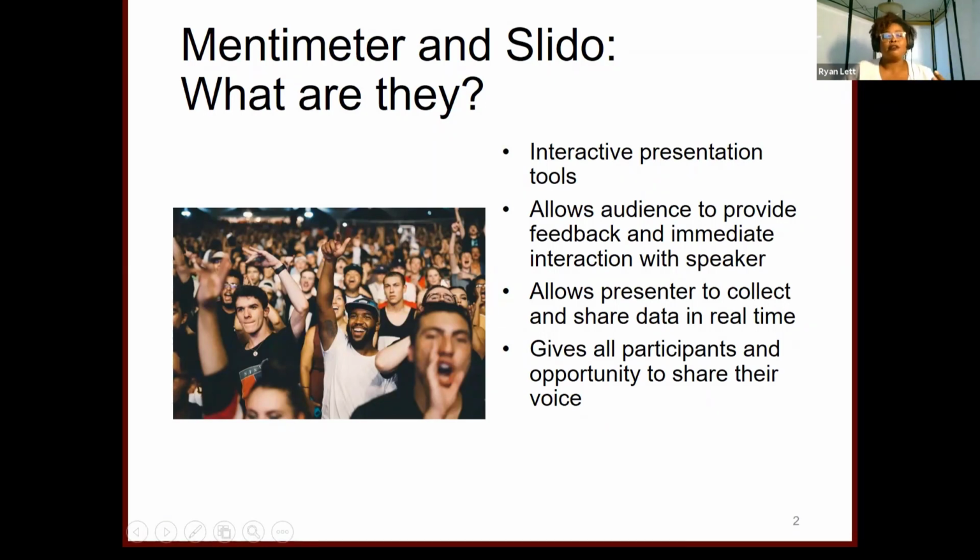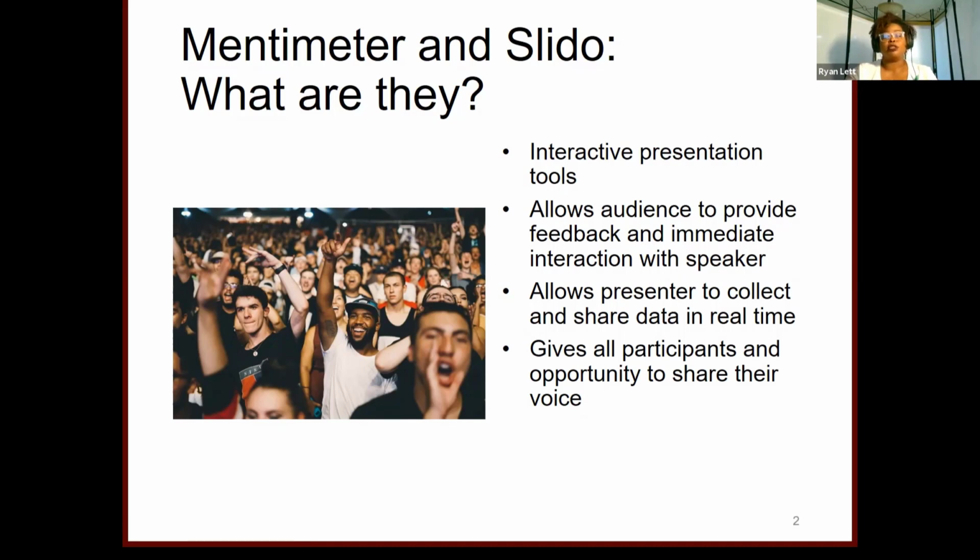And then you have another guy who just seems to have no reaction at all to what's happening. The benefits of presentation tools like Mentimeter and Slido are that whether you're in person or presenting virtually, you have that immediate audience feedback. Where you can be live and looking at and hearing the audience, as in this picture, Mentimeter and Slido are opportunities for your participants to share their voice in your presentation.